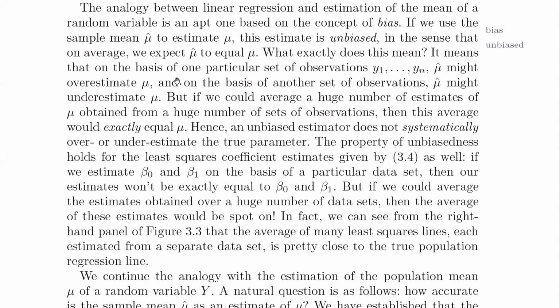But if we could average a huge number of estimates of mu obtained from a huge number of sets of observations, then this average would exactly equal mu. This is the concept of an unbiased estimator. It's actually a recurring idea in statistics.